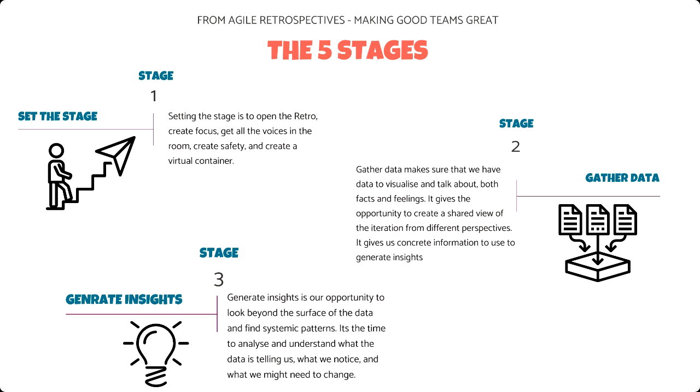What we really want is a shared perspective and a shared view of all the things that have happened, and then we can generate insights from that shared view. But when we've got nothing that's shared, we're all generating insights from a different place, from our own perspective and not from shared meaning or shared sense making. So the gathering data phase is so critical to being able to create shared meaning for everybody.